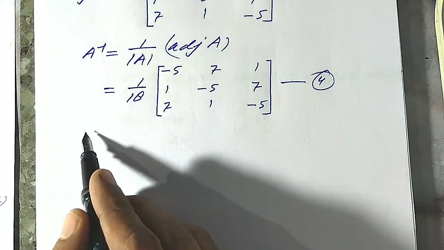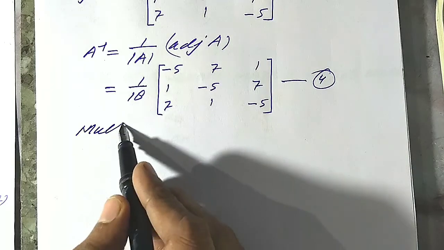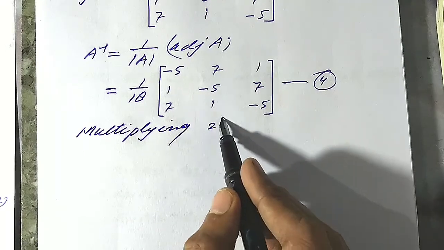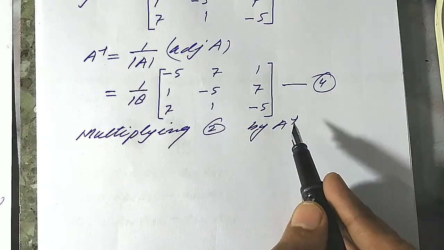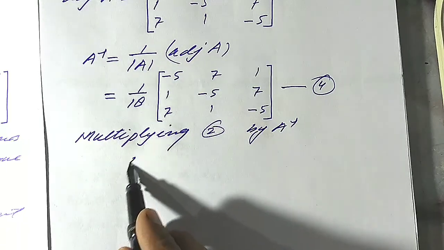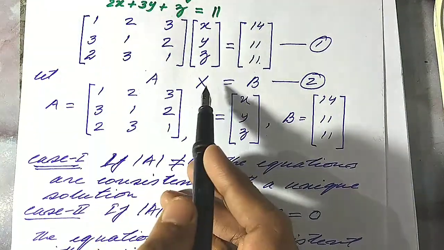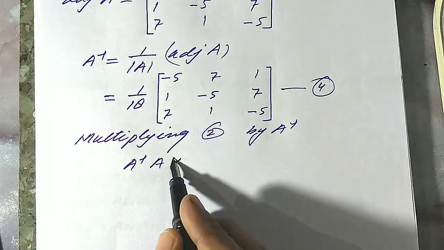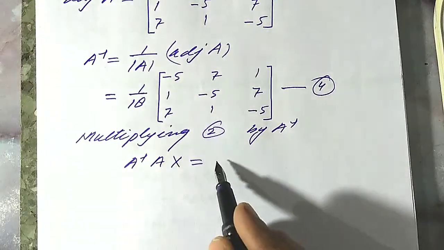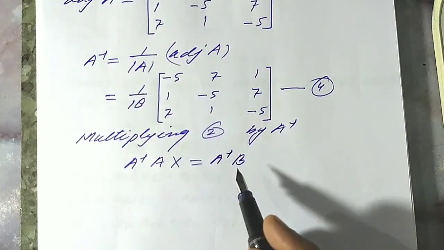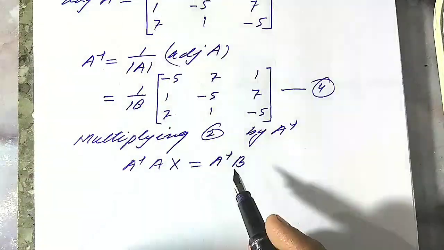So multiplying equation 2 by A inverse, we get A inverse AX, so A inverse AX is equal to, on the right hand side we had B, so we have A inverse B. So leftwise we have multiplied equation number 2 by A inverse.